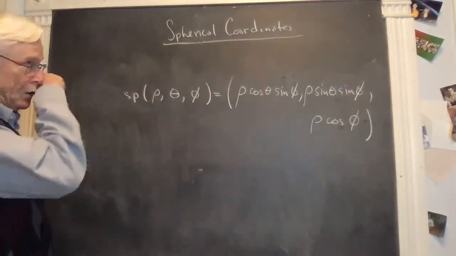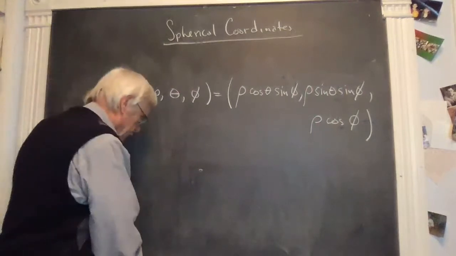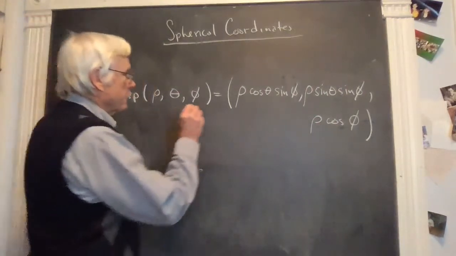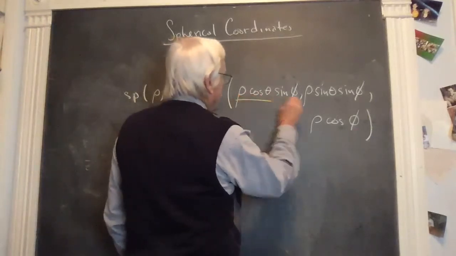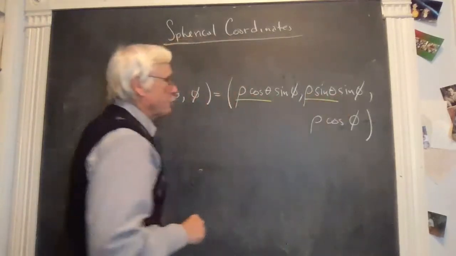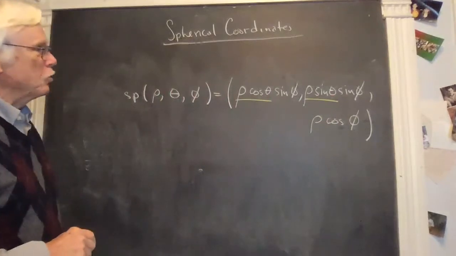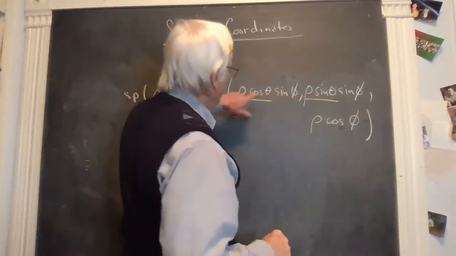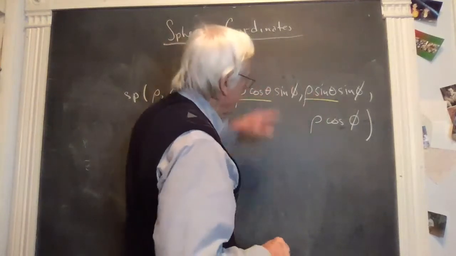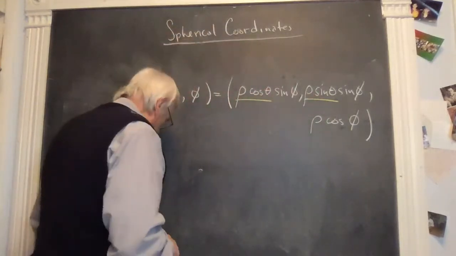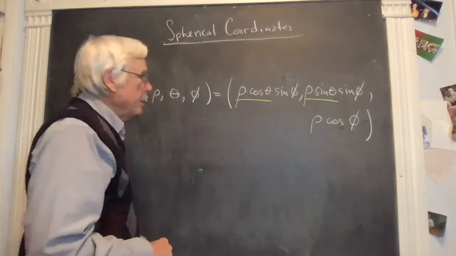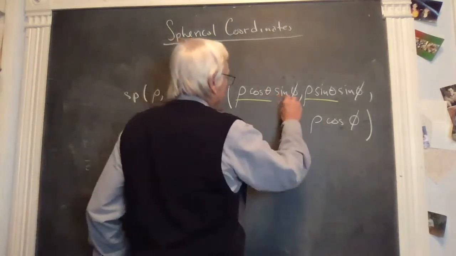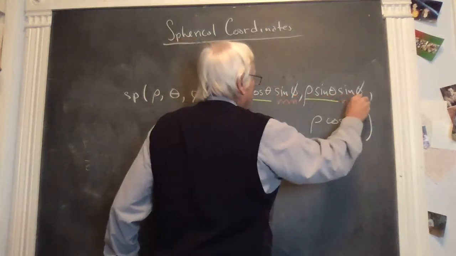So let's look at a little arithmetic right away. Those two terms are polar coordinates in two variables, where this would be r. So r cosine theta, r sine theta is polar coordinates. If phi is fixed, then this value is fixed in both of them.